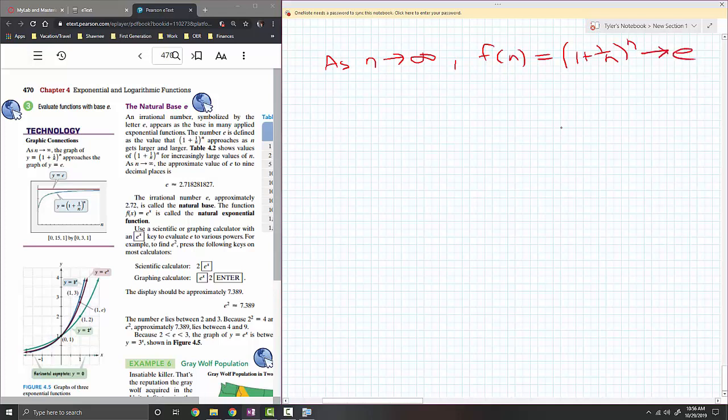So in other words, if we were to write that with limit notation, the limit as n approaches infinity of (1 plus 1 over n) raised to the n is going to equal e, right?